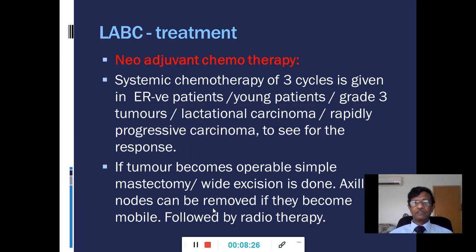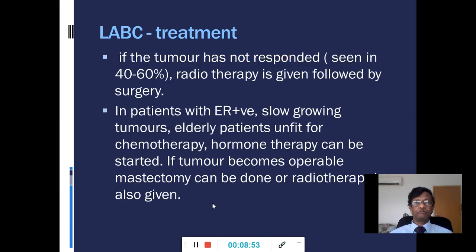Young patients can tolerate chemotherapy well. The grade 3 tumor, that is the best thing. Lactational carcinoma, young patient may be there. So in all these patients, systemic chemotherapy of 3 cycles can be given and see for the response. If the tumor becomes operable, simple mastectomy or wide excision also can be done. Axillary nodes can be removed if they become mobile, followed by radiotherapy in these cases.